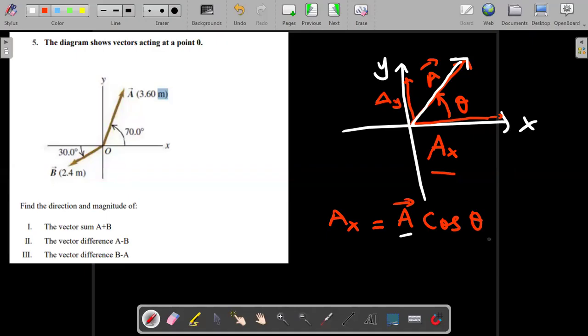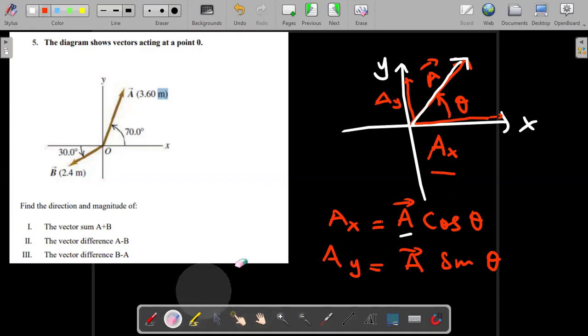So Ax equals the magnitude of A times cos theta. This is the formula I'll use to calculate the x component of the vector A. To calculate the y component of the vector A, I will say the magnitude of A times sine theta. These are the formulas I'll use to calculate those components. Then, when we're dealing with vectors, what we do is we add these vectors.